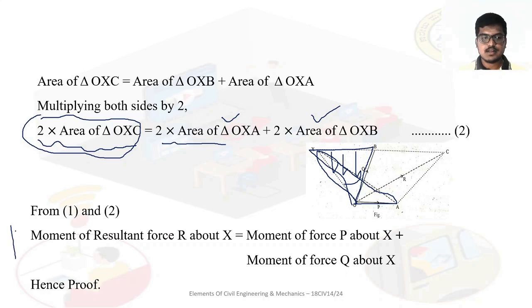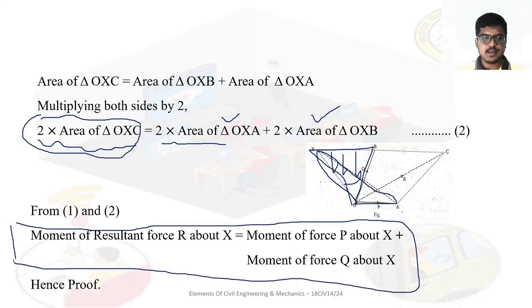Since we needed to prove this, and we proved this, hence the proof. So Varignon's principle states that the moment of resultant force R about x is equal to the algebraic sum of the moments of all the forces about the same point. Okay, so this was about Varignon's principle.